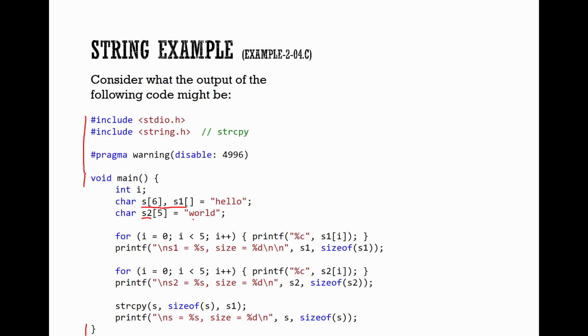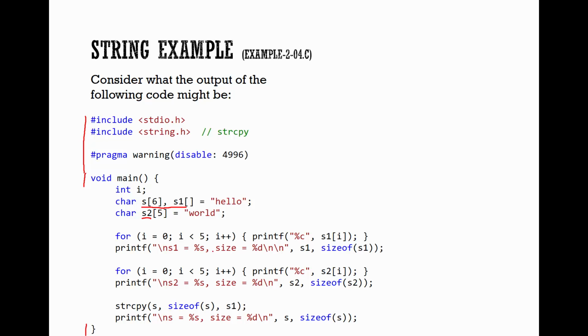Well, world by itself is 5 characters, so I'm probably going to be able to store that W through D into the S2 variable, but I'm not going to have space for a slash 0, or that null character. So that is a little bit odd, shall we say. I'll have S2 as just an array of characters, not as a string itself, because strings require that null termination.